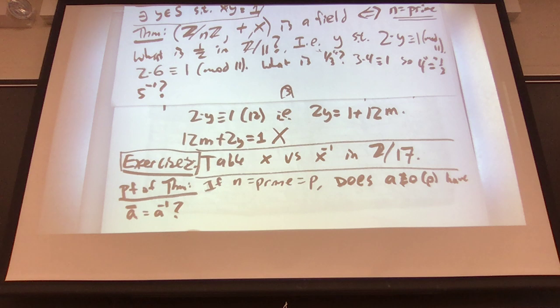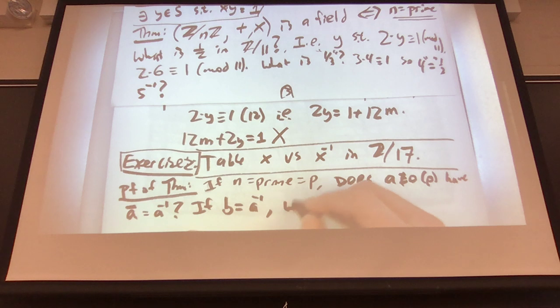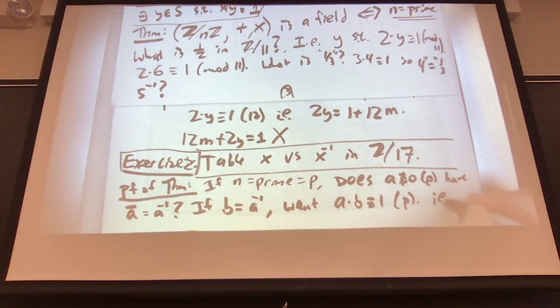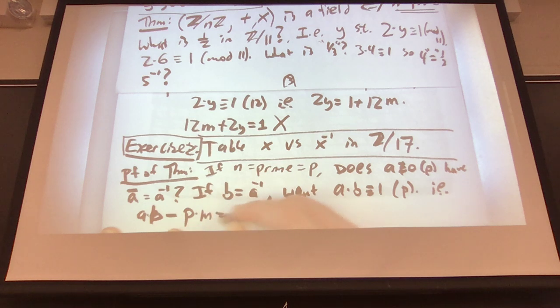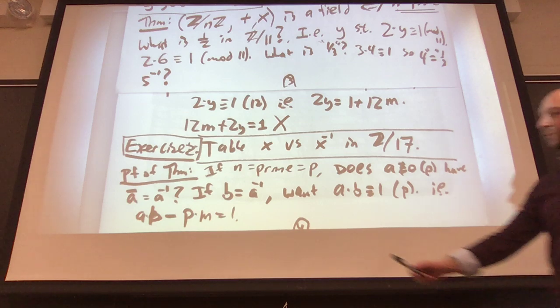Well, what equation are we trying to solve? If b is this hypothetical inverse, a inverse, what we really mean is that we want a times b to be congruent to 1 mod p, i.e., what are we trying to solve? Devendra. Yep, a times b minus a multiple of p is equal to 1.